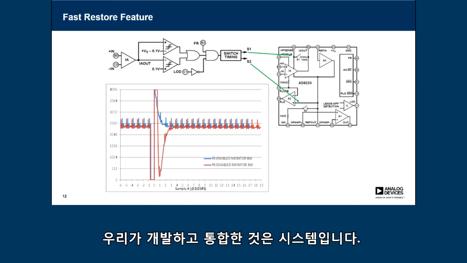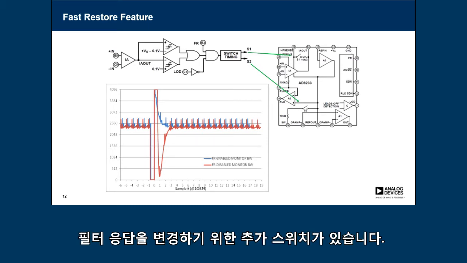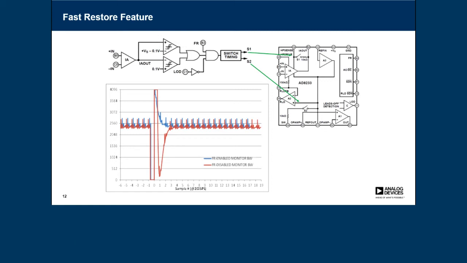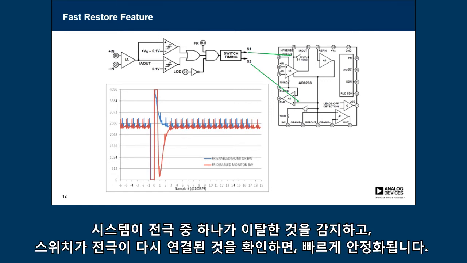So what we developed and integrated was a system where we have additional switches to change the filter response. At the moment that the system detects that one of the electrodes is coming off, it sets the switches in such a situation that once you take the electrodes again, it settles very fast.